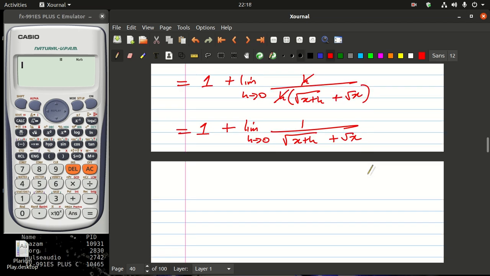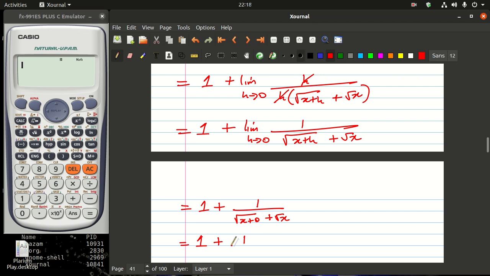And now we'll try and see if we can plug in and get some values. I still have a 1 here. When I'm plugging in a 0 here, I will end up having a 1 divided by square root of x plus a 0 and then plus square root of x. Take note that when I'm plugging in, I leave the limit. That's when you actually leave the limit, not the marks.